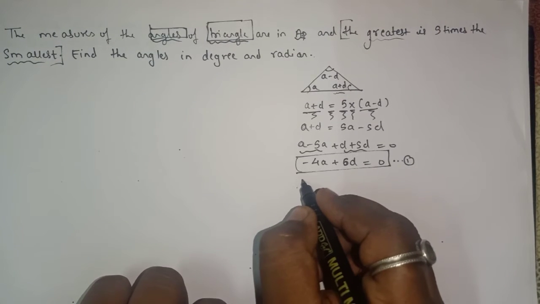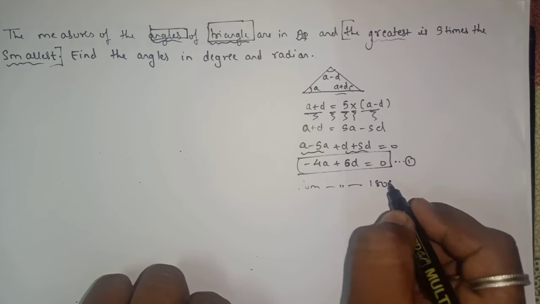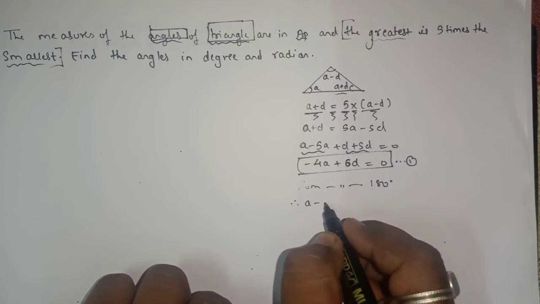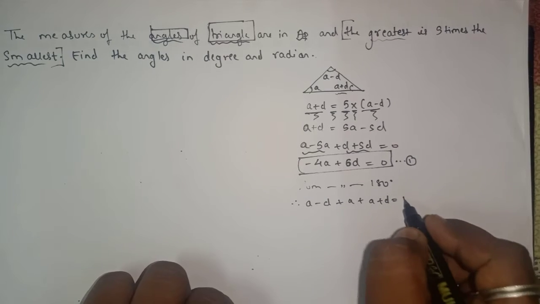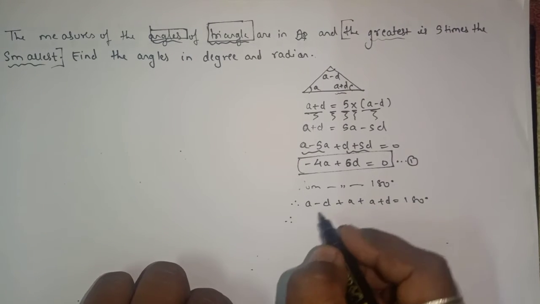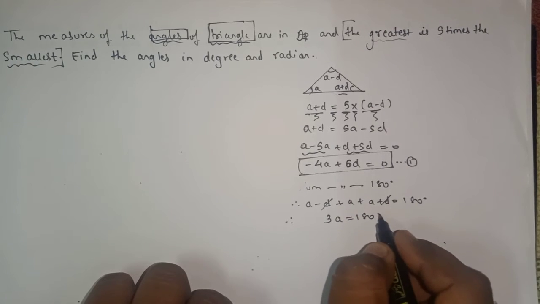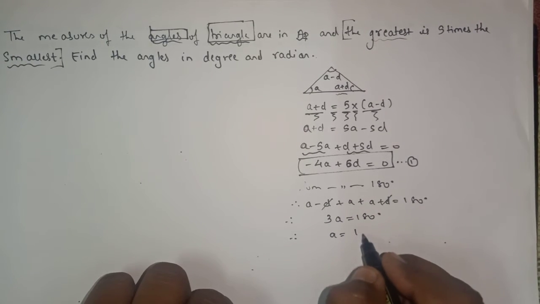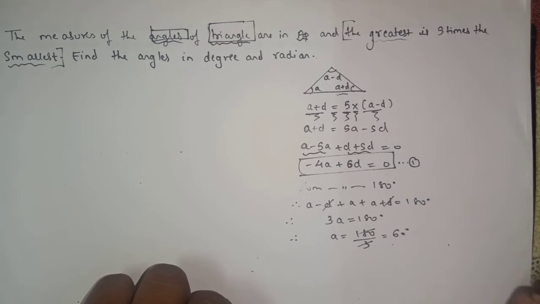So we'll apply the property that the sum of the measure of the interior angles of the triangle is 180. So you will get a minus d plus a plus d equals 180. Here d will get cancelled, so you will get 3a equals 180. So a equals 180 upon 3, which is 60 degrees.